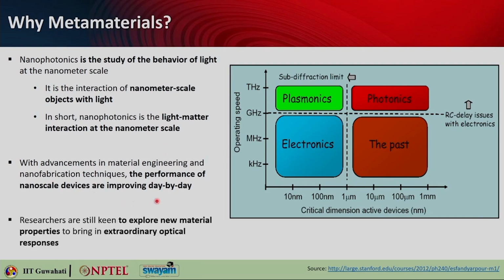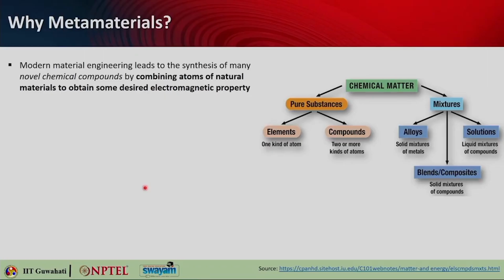So researchers across the world are keen on exploring new material properties to bring new features on the bench. That is what has tempted people to look for different kinds of combinations of materials.